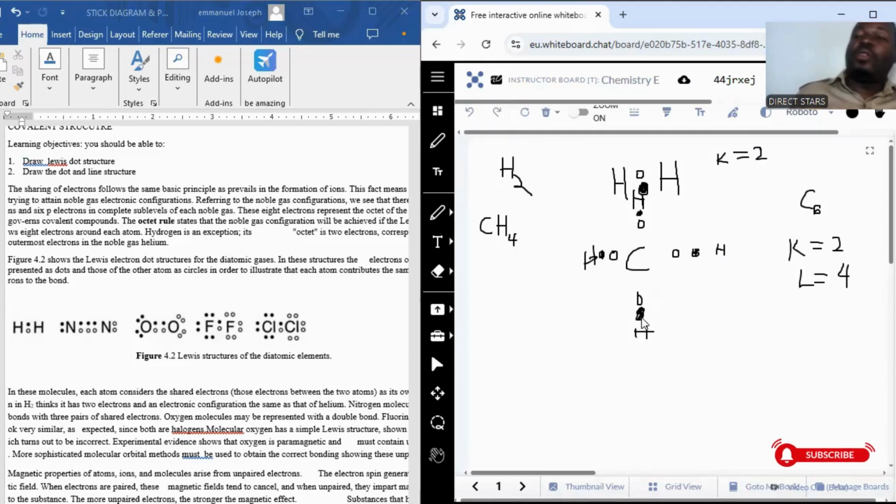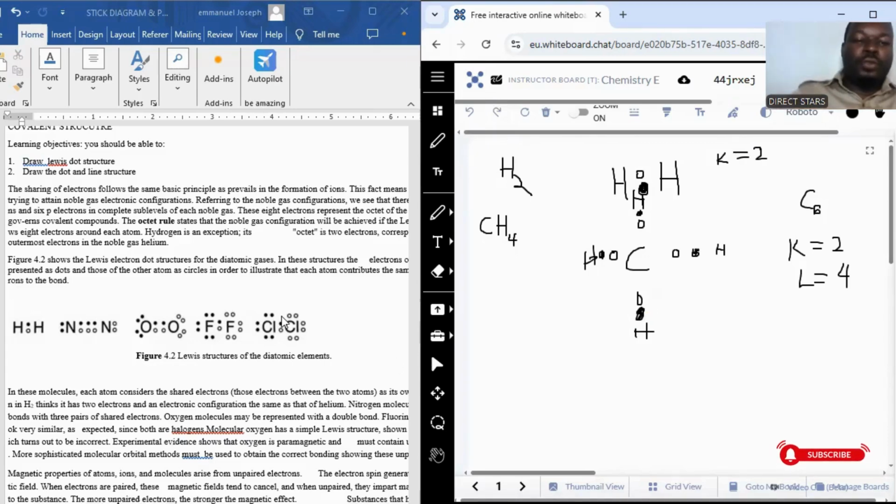Both of them can lay claim to them, because it's bonding now. So hydrogen now has the K shell occupying 2 electrons instead of 1. And carbon now has the L shell occupying 8 electrons instead of 4. So that way, carbon has achieved stability, and the hydrogen too has achieved stability.